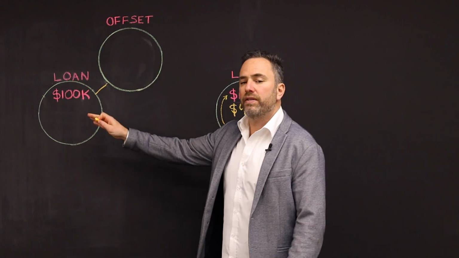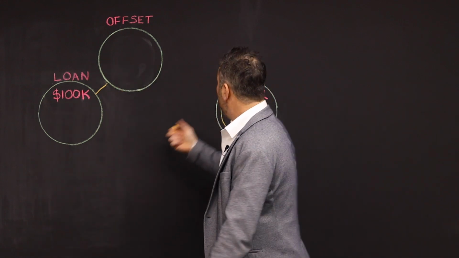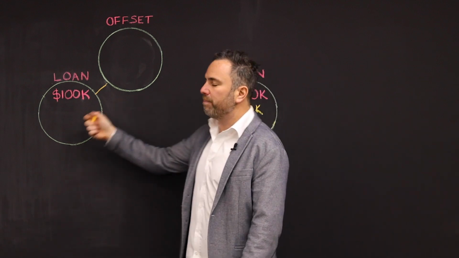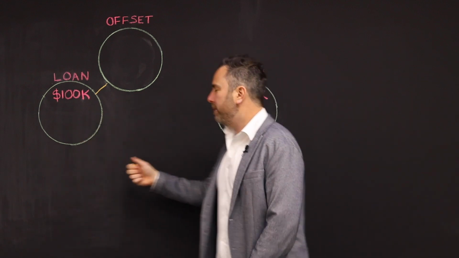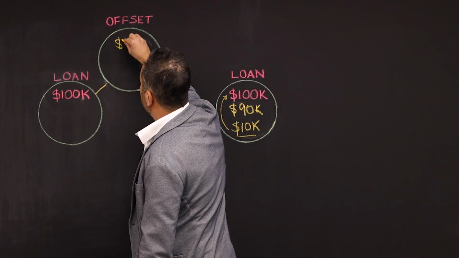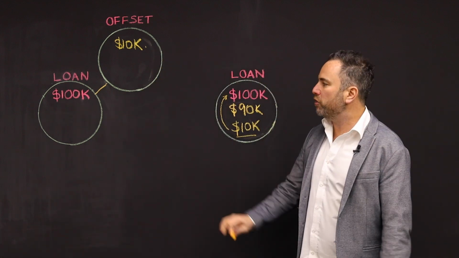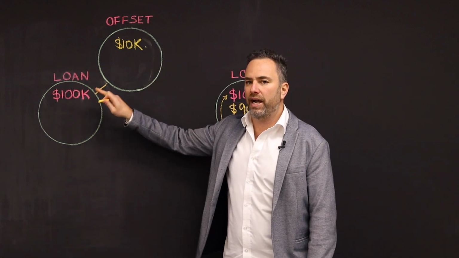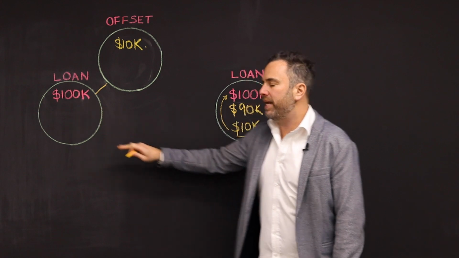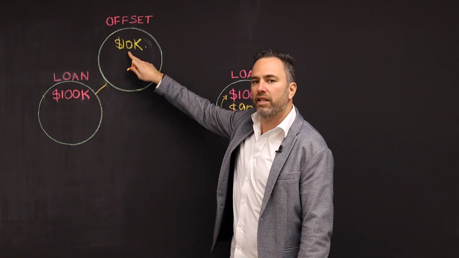If you had a loan facility that had an offset account attached to it, you've got a couple of options. You could do exactly the same thing and dump it into the loan facility, and you'd be in exactly the same boat. Or if you put the $10,000 into the offset account, you still have a loan balance of 100 grand. It hasn't come down, whereas this one came down to 90, but you've put $10,000 into the offset.